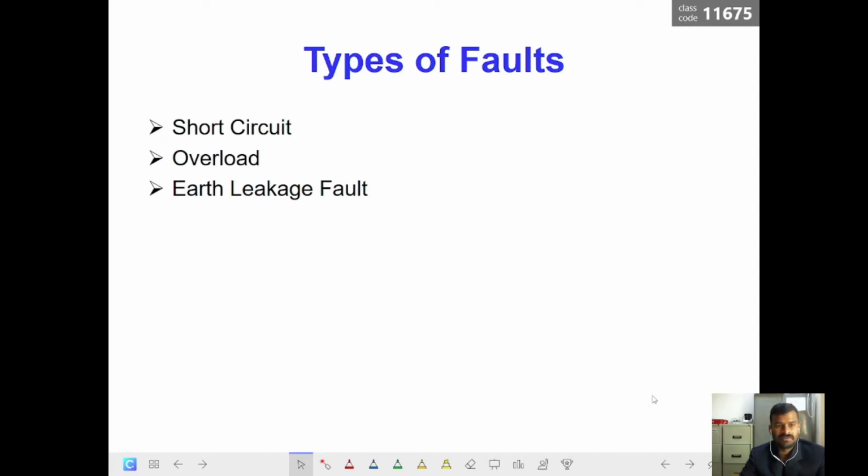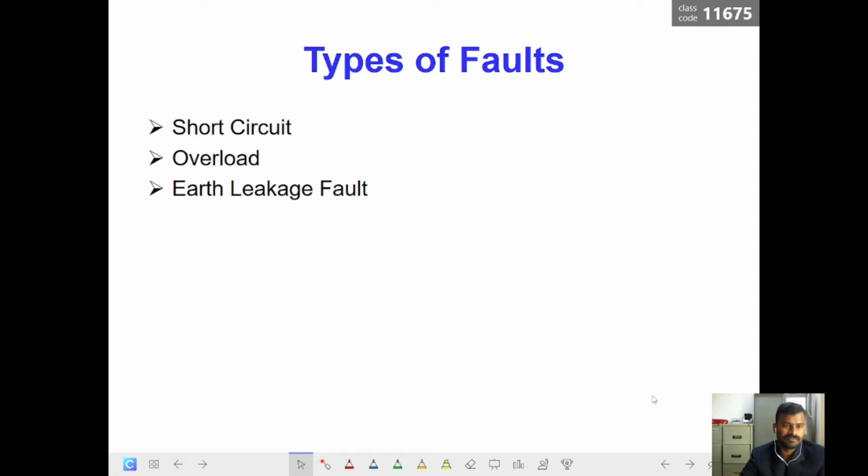What is the normal condition? If you have a circuit, the circuit should function as per the design made for it. Suppose you have a light or lamp circuit: when we turn on the switch, the lamp should glow, and when you turn off the switch, the lamp should go off, with proper brightness in the light.